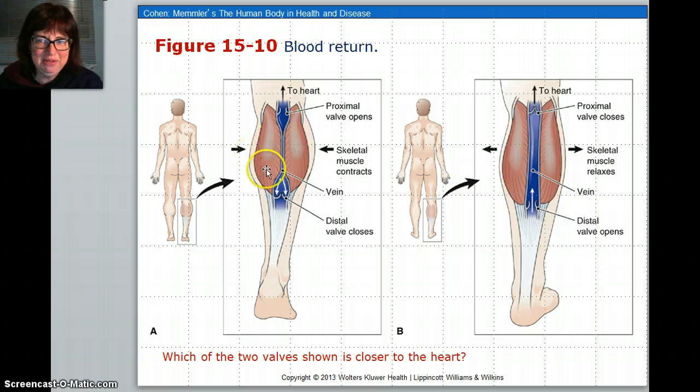This is an extreme because your gastrocnemius muscles are nice and large, but most of your blood vessels, your veins, are beside a skeletal muscle. As that skeletal muscle moves, it pushes the blood back. That's why if you ever have numb or tingly hands, you contract them or you wiggle your toes to get the blood back up to your heart.